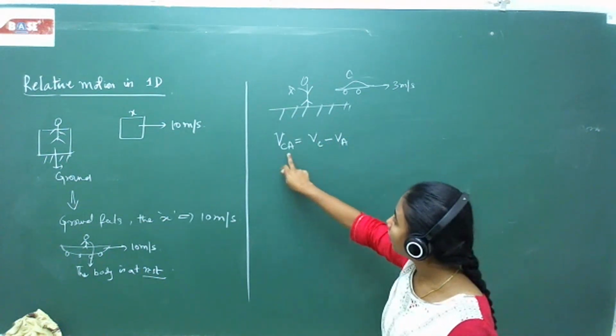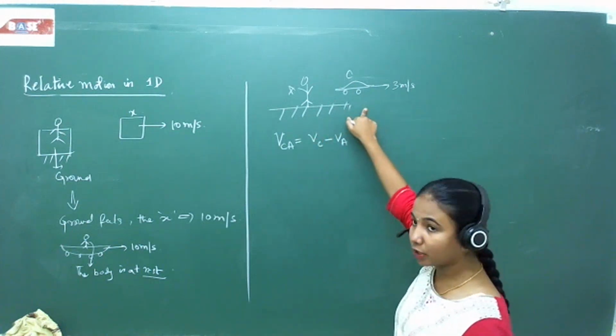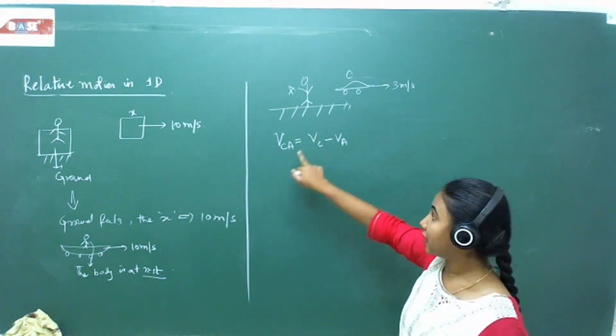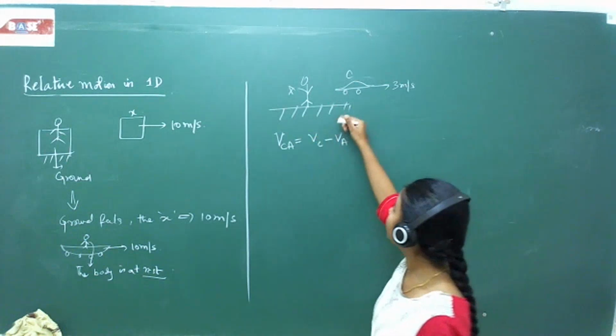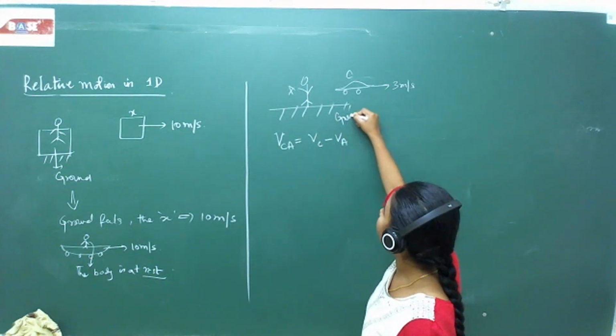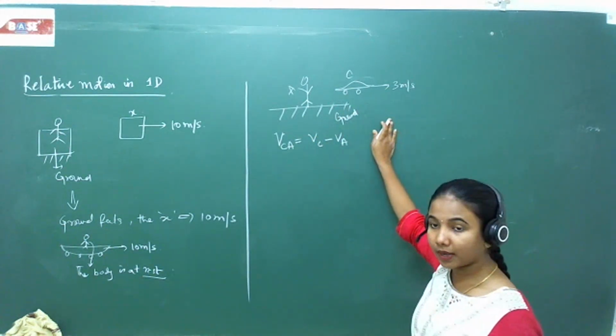So here we write the velocity of the car C with respect to A, the observer who is standing on the ground.